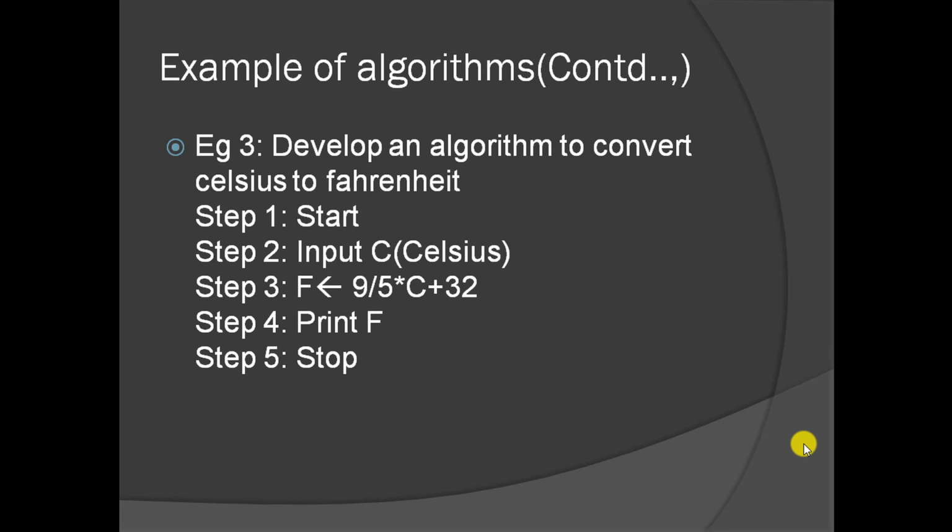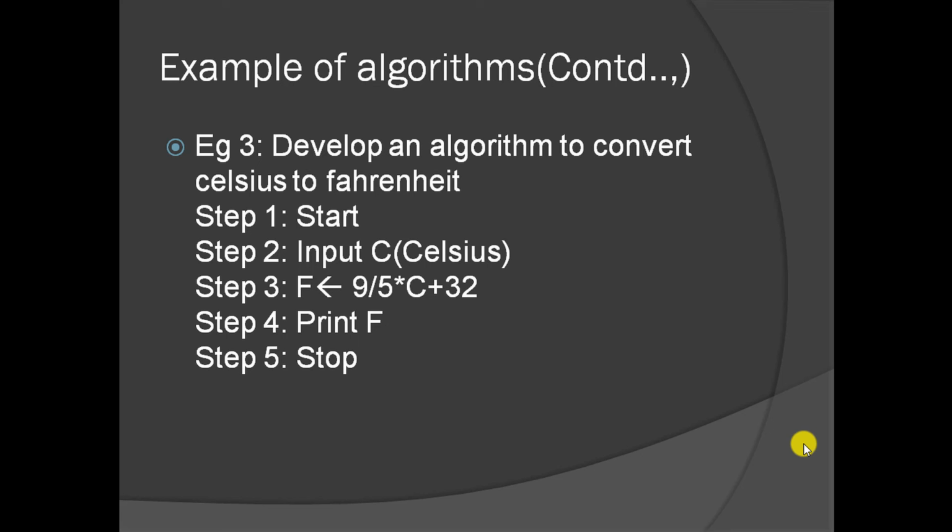In example 3, we are developing an algorithm to convert Celsius to Fahrenheit. How to do that? We are starting the algorithm, and we are taking an input for Celsius. In step number 3, there is a formula: 9 by 5 into C plus 32.